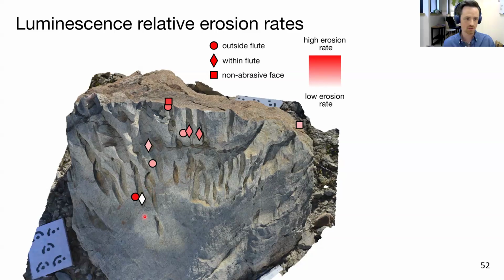So if this talk were honest, I would have told you that I didn't care so much about ventifacts from the start of this project, but to a hammer everything is a nail. And so we had this really cool new capability with luminescence dating where we can measure erosion on such small scales.